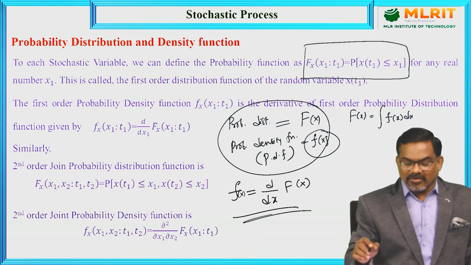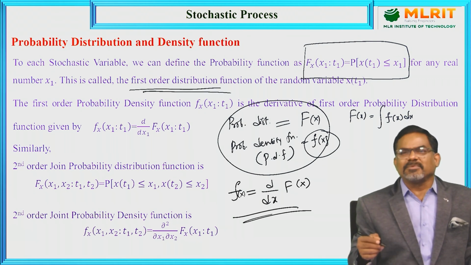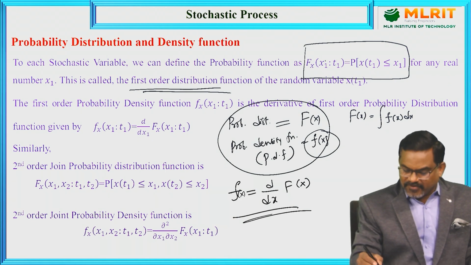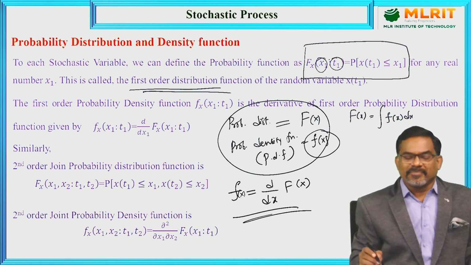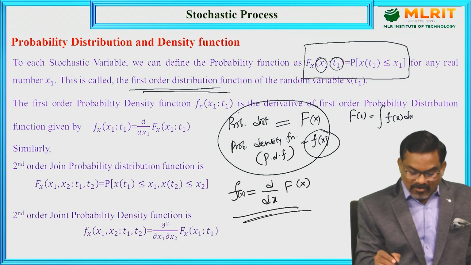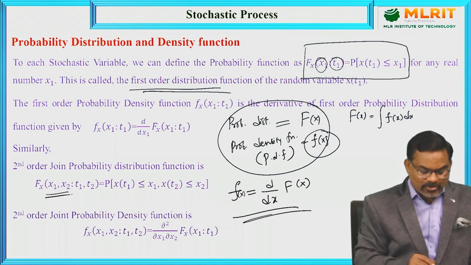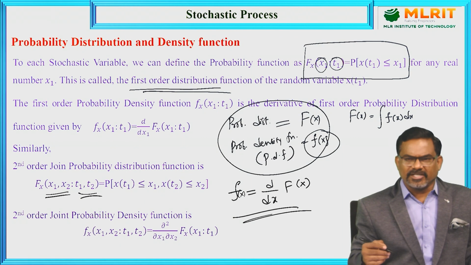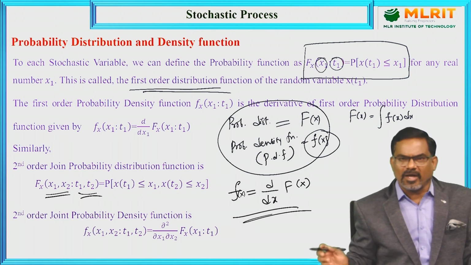So this is called the first order distribution function. Similarly, you can define second order also. Second order means here in first order we have only x1 and t1. In second order we will have x1, x2, t1, t2. Similarly, third order x1, x2, x3 and t1, t2, t3 and so on.